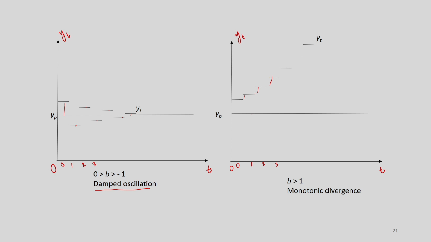Which means the gap between y t and y p is also rising, because y p was below y 0 to begin with, and since the gaps between successive y's are rising in an increasing manner, as time goes by you have an explosive movement: y t is getting farther and farther away from y p in an increasing way. So, this is called monotonic divergence. You do not have oscillation here. This is the case of b greater than 1.